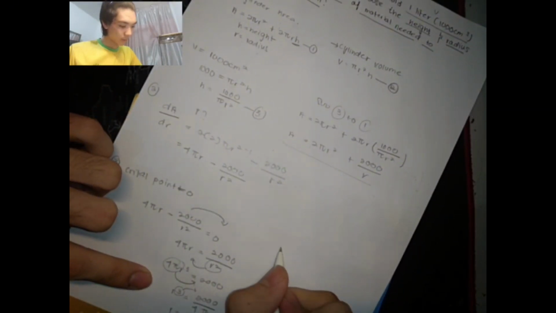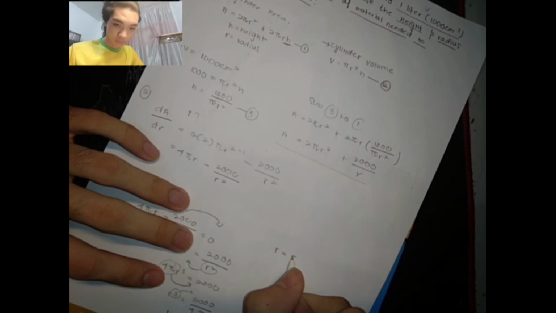Then r cubed equals 2000 over 4 pi, which we then take the cube root of, and we got r equal to the cube root of 2000 over 4 pi. Then we can find our r, which is 5.42 cm. So we already got our r right here.